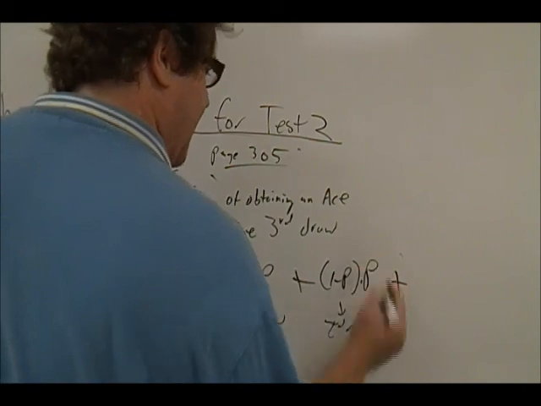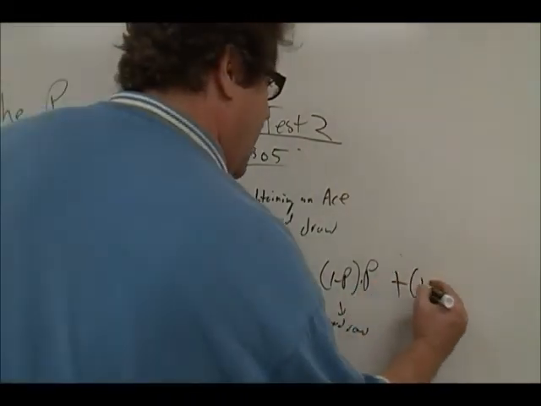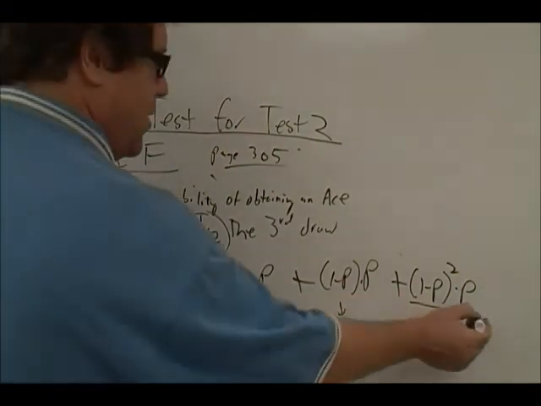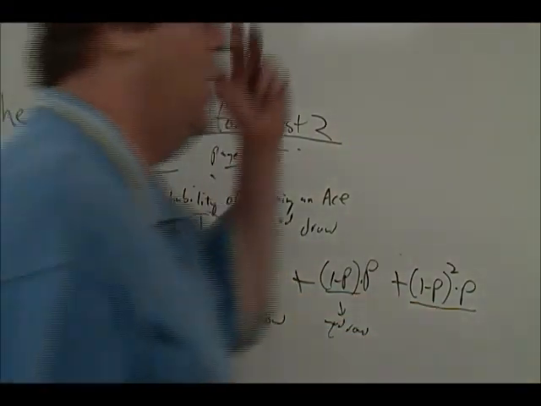Doesn't really matter. And then plus the probability that the first occurrence of an ace happens on the 3rd draw, which is (1 minus p) squared times p. So instead of just using the formula from the 3rd row, you have to use the formula from each row prior to the 3rd row and then add them.